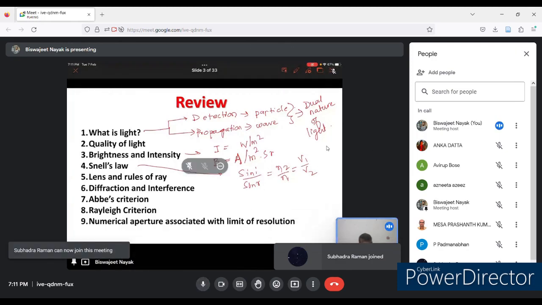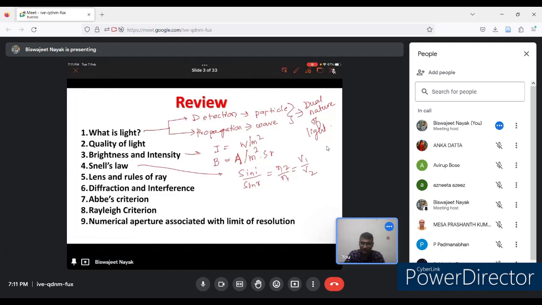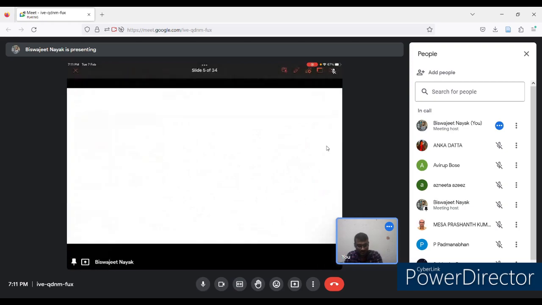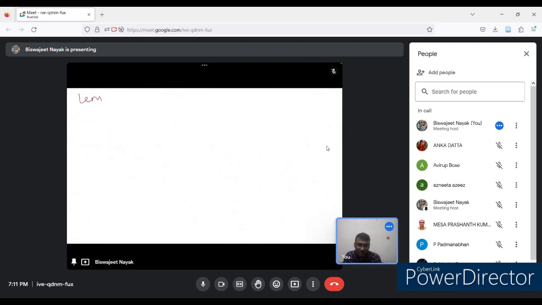For lenses, it's the common formula we know, relating the focal length and distances. u is the object distance from the lens, and v is the image distance.